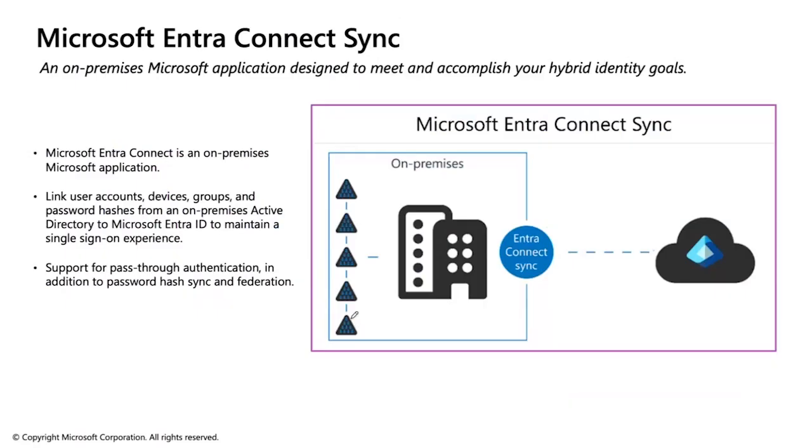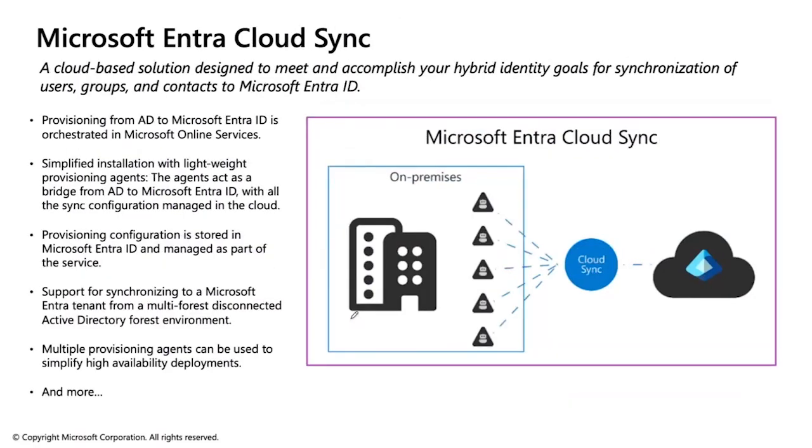But in case you don't want to deploy that kind of footprint, in this situation we have Entra Cloud Sync. Cloud Sync is a cloud tool, and we install some lightweight agents for directory synchronization. These lightweight agents sync the on-prem Active Directory system to Entra ID in the cloud.